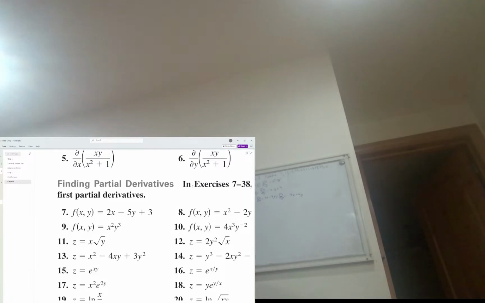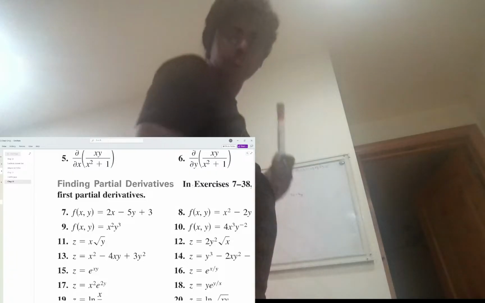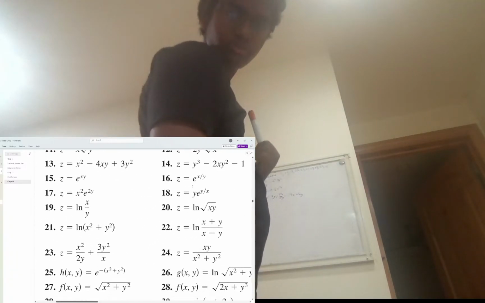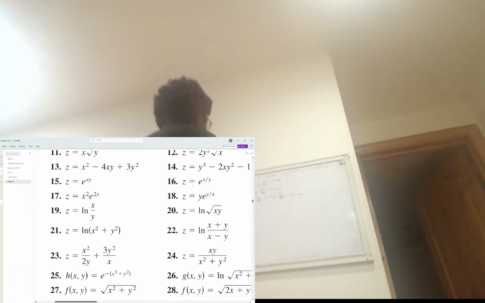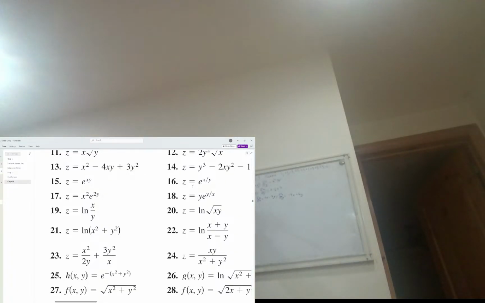25. h of xy is going to be equal to e to the negative x squared plus y squared.